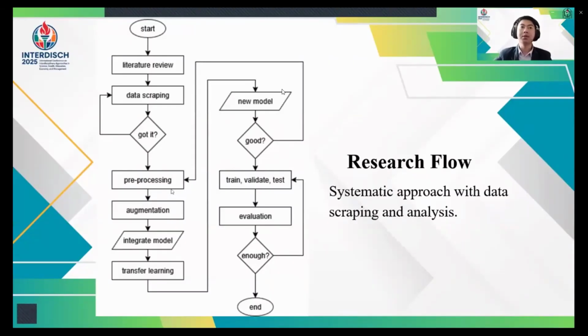After pre-processing, augmentation, and integrating the model, which is a CNN itself, I used a transfer learning technique hoping for better accuracy, and the new model I used is MobileNetV2. After that, I validated, tested, and evaluated the result. So that's all for my research flow, which uses a systematic approach with data scraping and analysis.